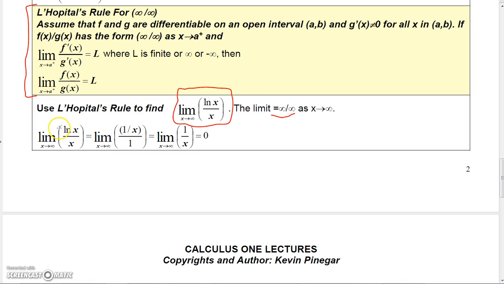So I'm going to apply L'Hopital's rule by just taking the derivative of the top over the derivative of the bottom, and I get 1 over x over 1. So I get the limit of 1 over x as x approaches infinity, and we know 1 over x goes to 0 as x approaches infinity, so therefore this limit up here must also go to 0.